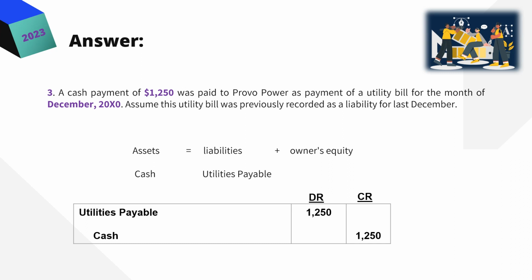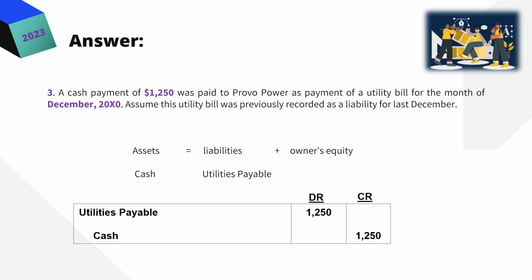It also says that we were to assume this utility bill was previously recorded as a liability last December. If this utility bill was previously recorded as a liability last December, when it was recorded as a liability, it was also recorded as an expense.